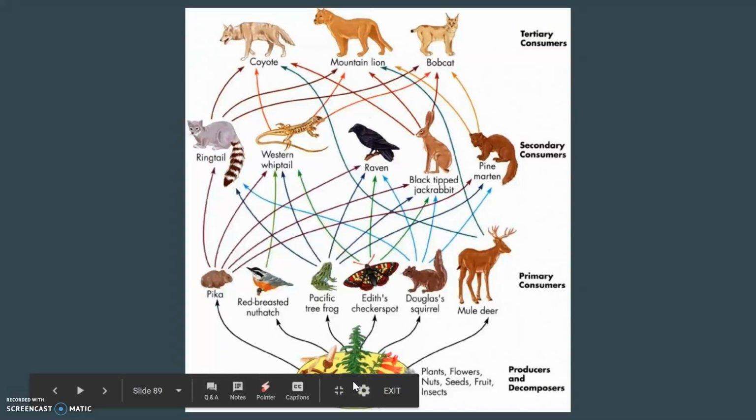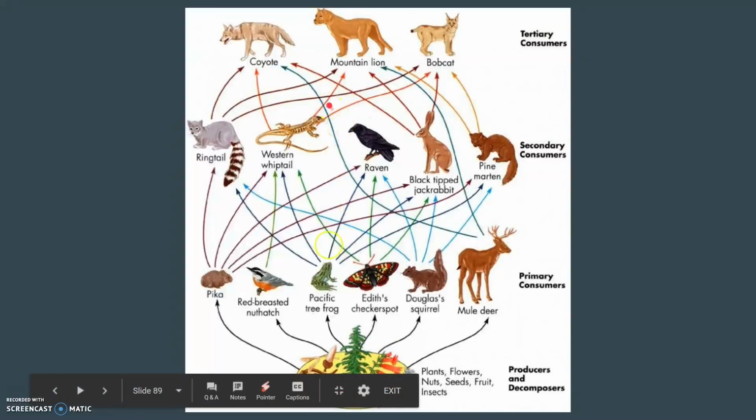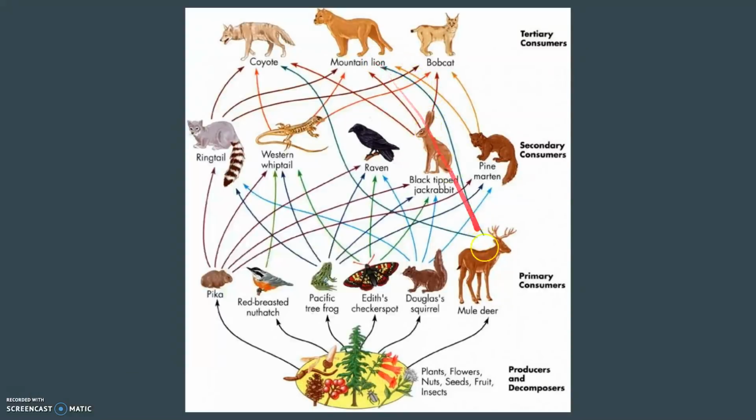Now you do have to be careful because the mountain lion and the coyote actually have 2 jobs. It is a 2nd and 3rd level consumer, and let's figure out why. So here's our plants. Let's go to the mule deer. So 1st level. But if you follow this arrow and this arrow, that leads us straight up past and into this level.